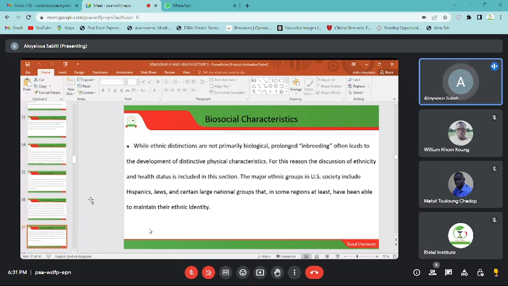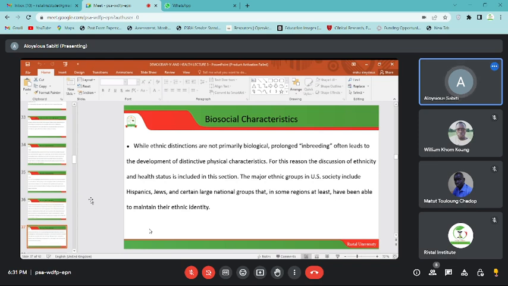So while ethnic distinctions are not primarily biological, it often leads to the development of distinctive physical characteristics. So, although this may not be linked to biological issues, we can see that people of this tribe may be having higher chances of cancer or a particular illness, or may be seeking more health services of this type.